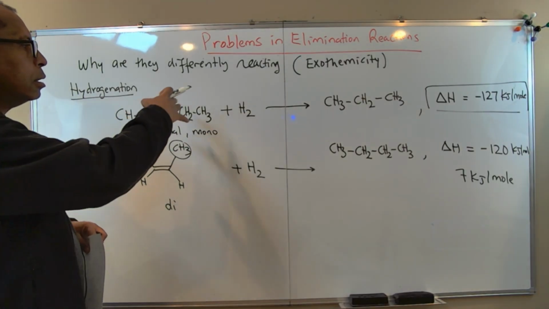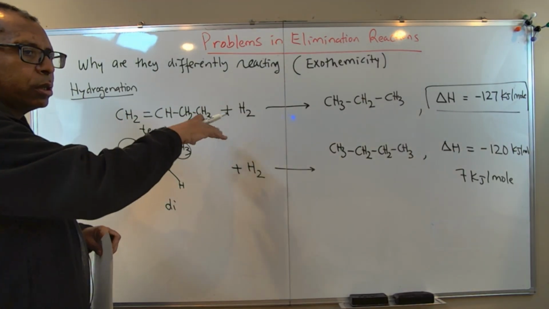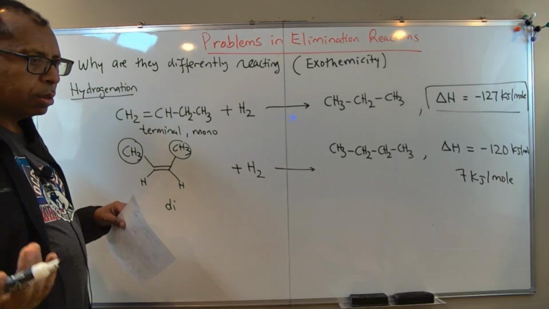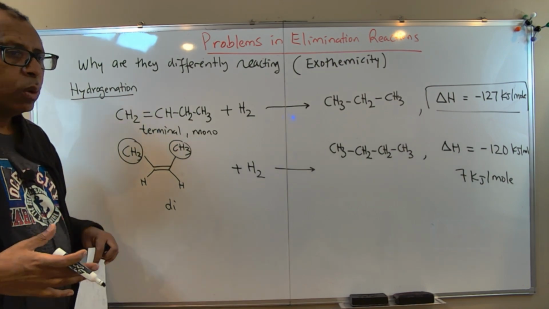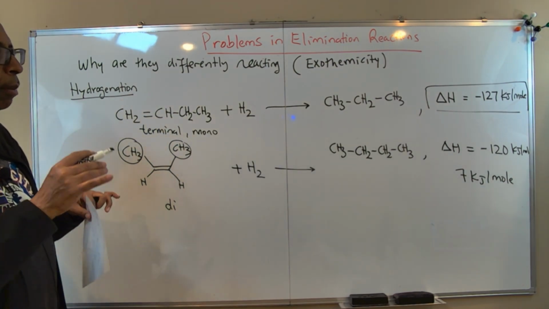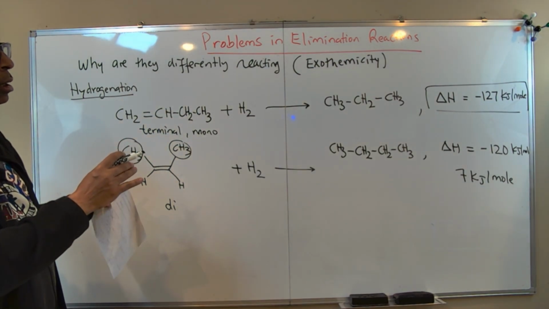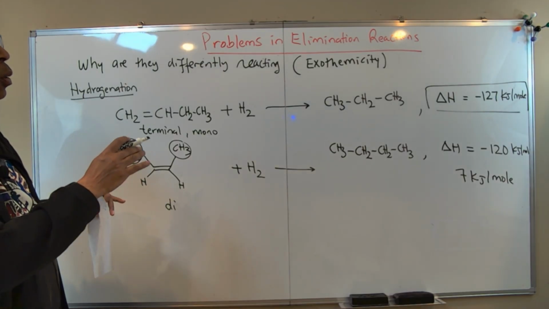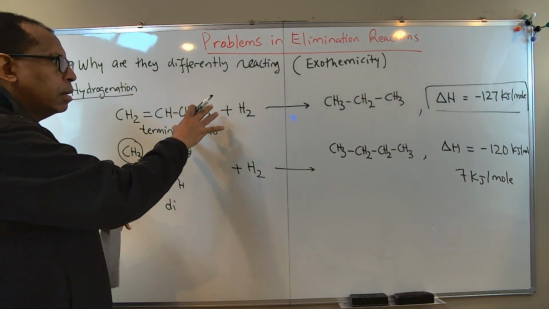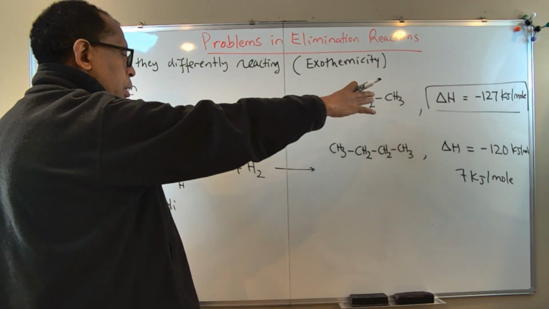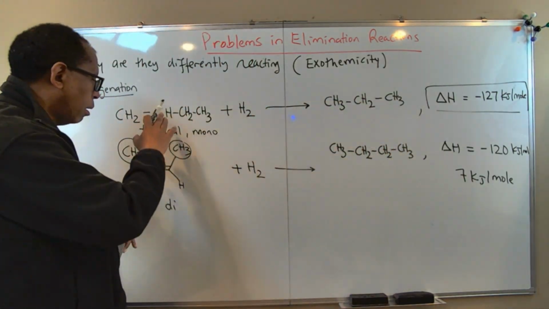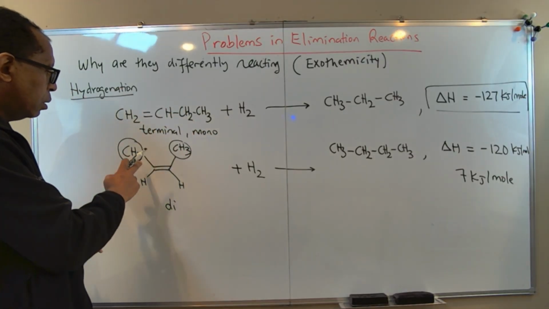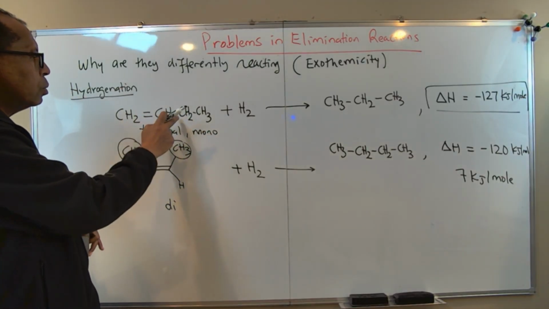The details on the hydrogenation reaction will come later in its own chapter as we discover more about alkenes. But the point of this question is to ask you why this one reacts with high heat energy and this one with lesser energy. They have the same number of carbons, 1, 2, 3, 4, 1, 2, 3, 4.